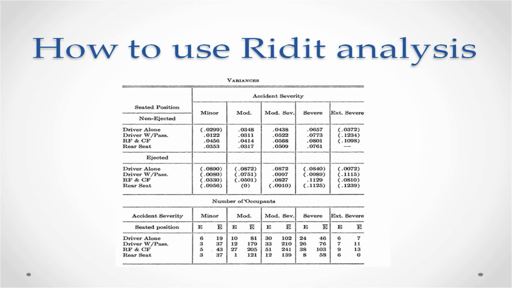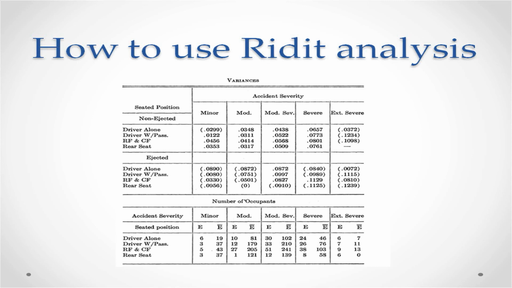Now note that the average ridits have a probability interpretation. It is the estimate of the chance that an individual in a given class is worse off than an individual in the reference class. For example, the average ridit for drivers with passengers who are not ejected in moderately severe accidents is 0.27.